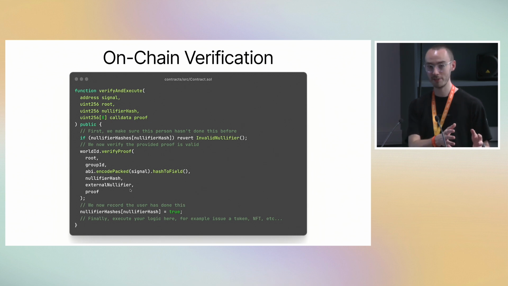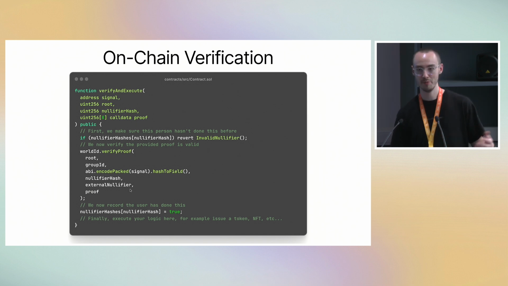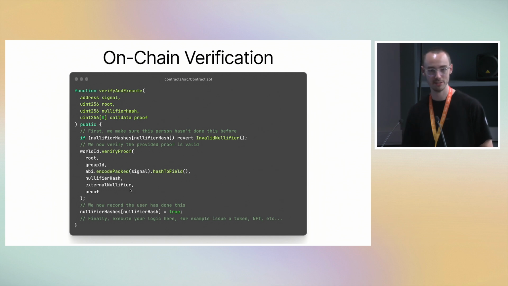We have a mapping of nullifier hashes where, when we use a nullifier hash, we mark it as used. So first thing we check is, have we seen this nullifier hash before? If we have, we know the user's already done this action. We're just going to revert because we don't want them doing it twice. You could also have that map to an integer and count how many times they've done it and limit them to doing it 5 times.